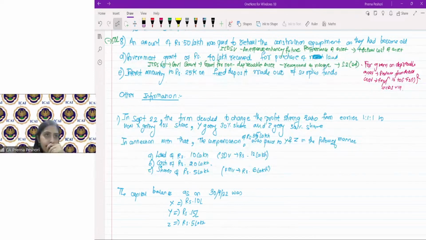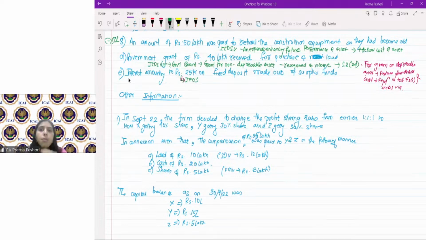Other sources. Yes, correct. So the surplus funds which are deposited with the bank and interest is earned on that, so it is income from other sources.